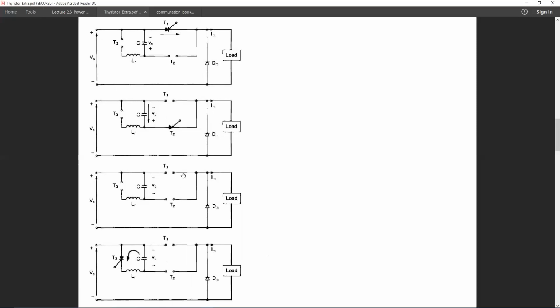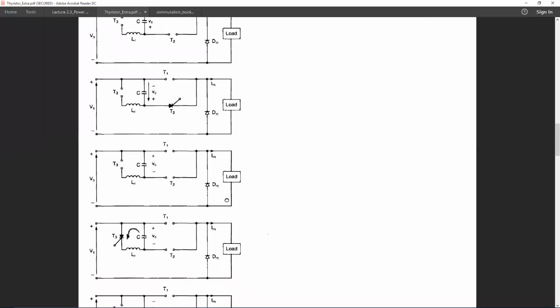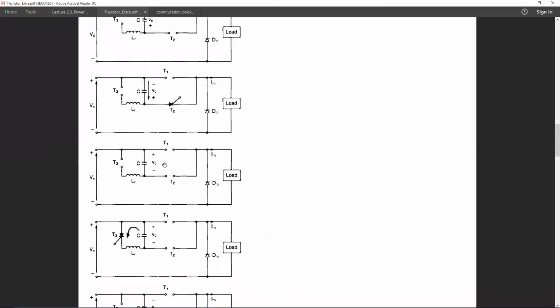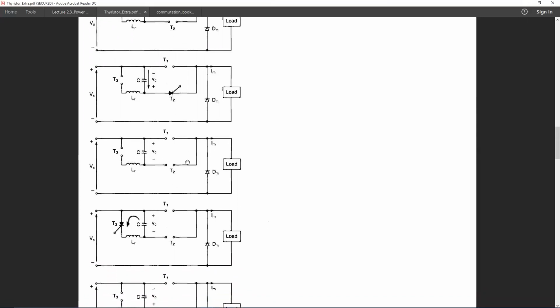Hence, the T1 won't be turned off. So in order for T1 to turn off, we need the voltage of the capacitor to be polarized like this, not that. So we have to do some extra steps in order to reverse the polarity of the capacitor or the voltage of the capacitor.